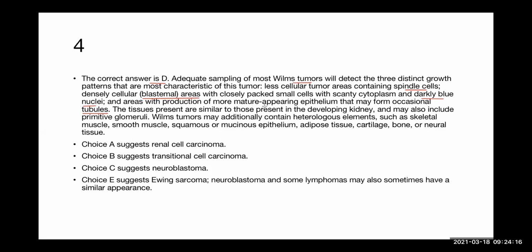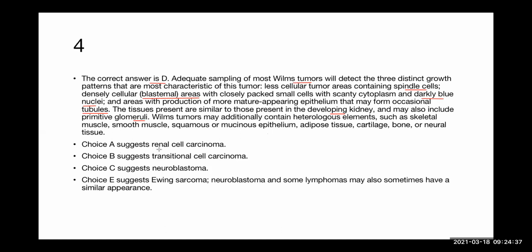The tissues present are similar to those in the developing kidney. That's why it is known as nephroblastoma, and it may include primitive glomeruli as well. So these are the important points. Sometimes it may have some other types of tissues as well, but these are quite rare.